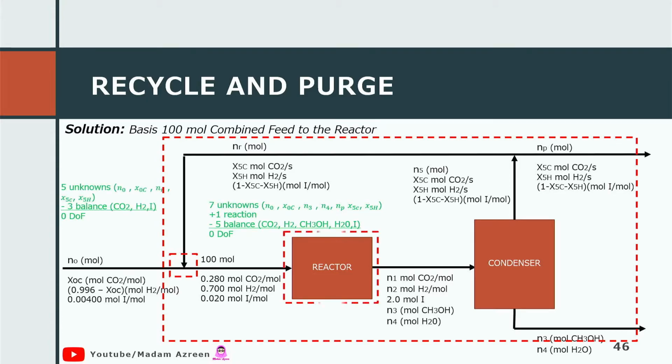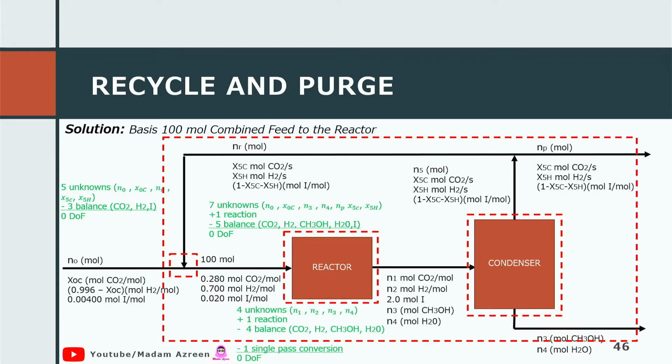Okay, I just show it one by one because it's really complicated if I put everything together. Okay, so that's why I showed it to you one by one. But here you are quite lucky because you have a lot of 0 degree of freedom, meaning to say you can choose any 0 degree of freedom to start with.